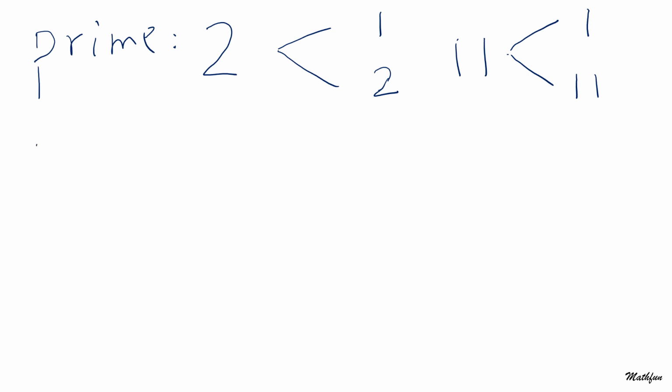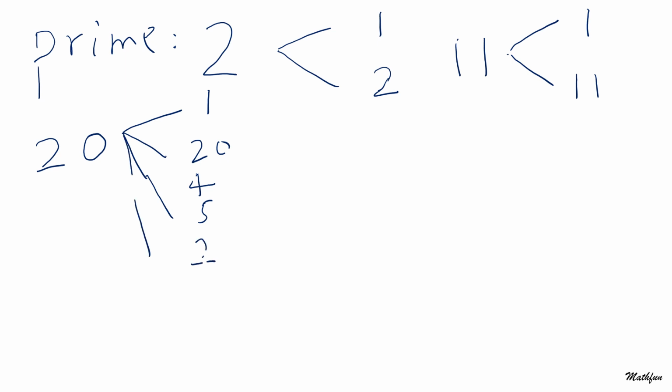Now, 20 is not a prime because 20 can be divided by, yes, 1 and 20, fine, but also 4 and 5, and in fact 2 and 10, okay? Etc. So 20 is not a prime.